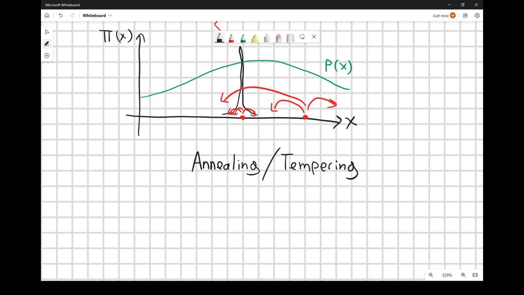So these really have their roots in material science and statistical physics, basically going back to the idea that if you heat up a metal, then it's easier for the atoms to move around, and then you cool the metal very slowly in the hope that your metal cools to its equilibrium state. It's slightly different in this case.